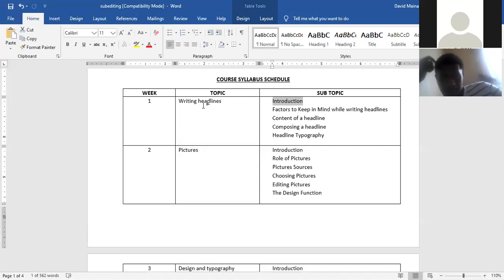And therefore the advertiser who has advertised with you will not be able to sell his products to the clients, and the clients are the readers. So it is upon the sub-editor to come up with a very nice headline that attracts readers, so that the newspaper can be bought, and the advertisers can also advertise.